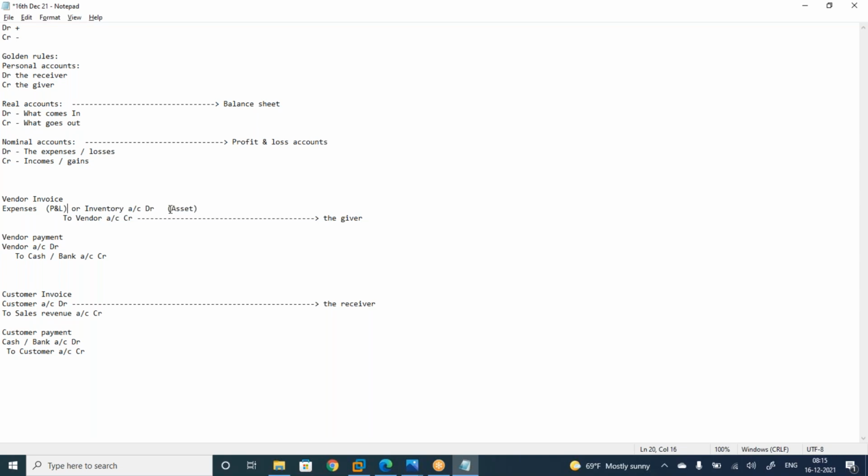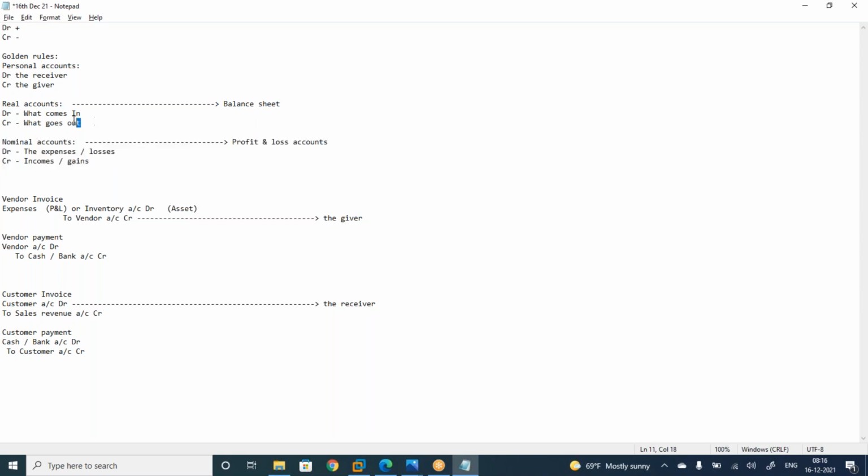It is quite opposite behavior. Look at this one. Here debit means what comes in. Here debit means losses or expenses. So this behavior is quite opposite from balance sheet side to P&L side.